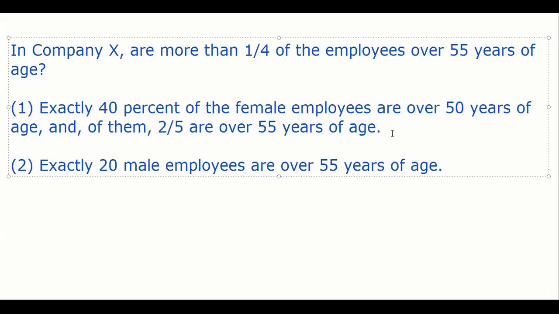That is what you have to find out. Statement 1 says exactly 40% of the female employees are over 50 years of age, and of them 2/5 are over 55 years of age. Statement 2 says exactly 20 male employees are over 55 years of age.